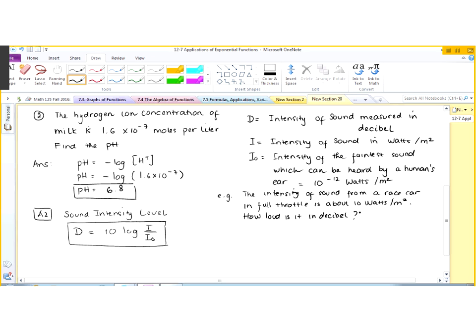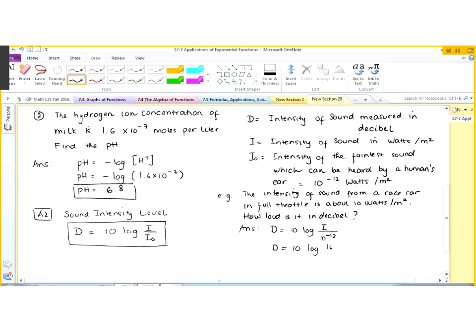All right, so how do you answer this? What's the formula? D equals 10 log I over I naught. Do we know I naught? 10 to the negative 12, right? What do I know here? The intensity is 10 watts per meter squared.